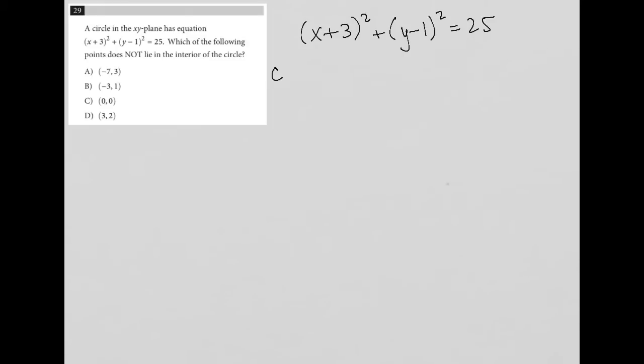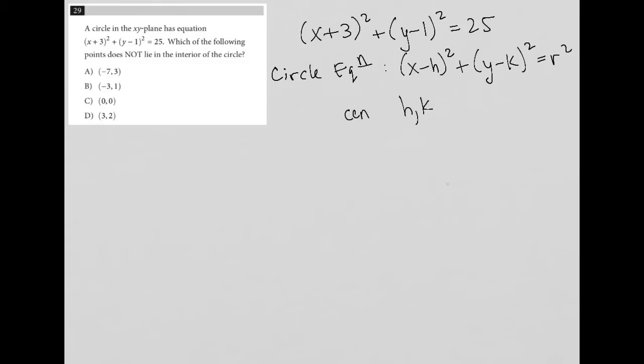So hopefully you remember that the generic circle equation is (x − h)² + (y − k)² = r², which means just by seeing this equation, we already know that the center, right, which is (h, k), is equal to (−3, 1).